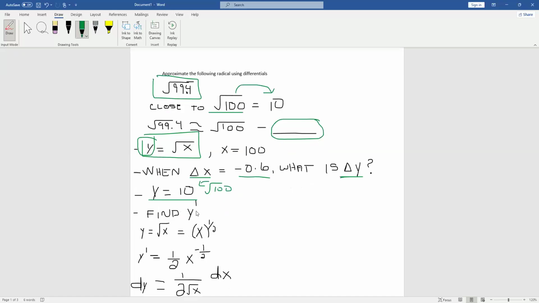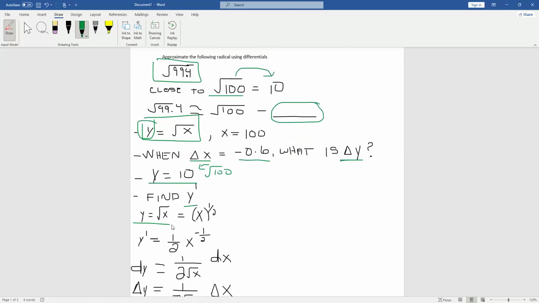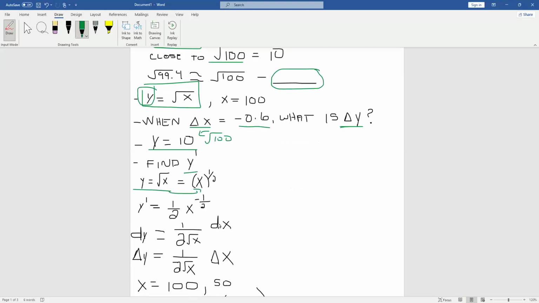We want to find that first derivative. Now, our original format of our equation is y equals square root x, again, because we're dealing with square root. We want to rewrite that radical expression as an exponential expression. We write it as x to the power of 1/2, and then we take the first derivative. That'll give us 1/2 x to the power of negative 1/2.